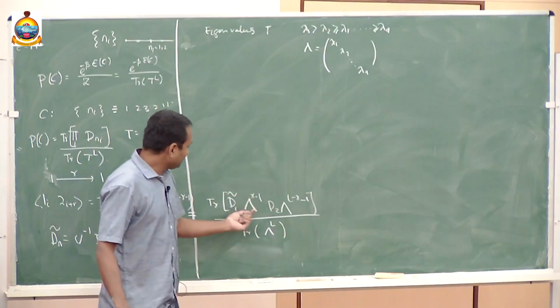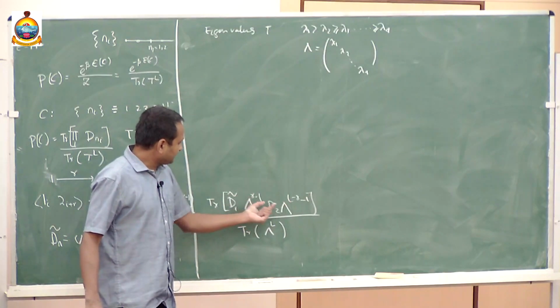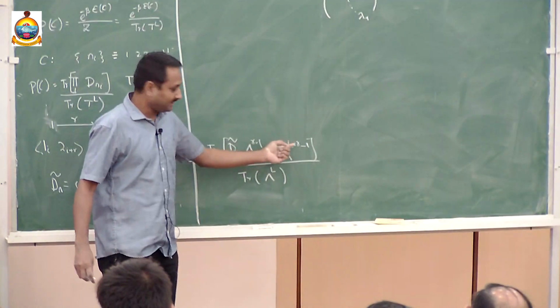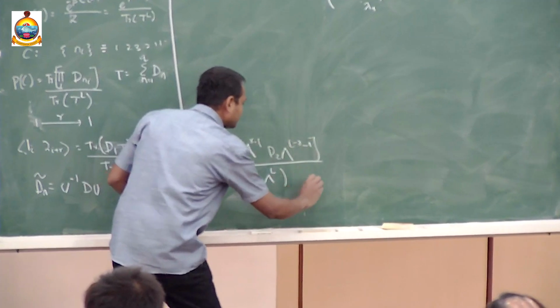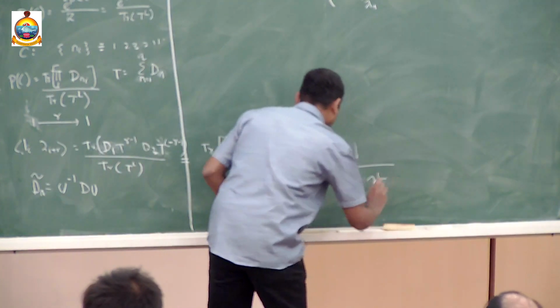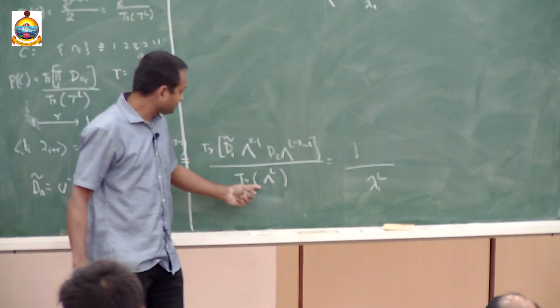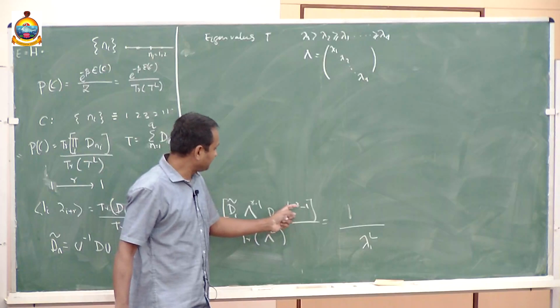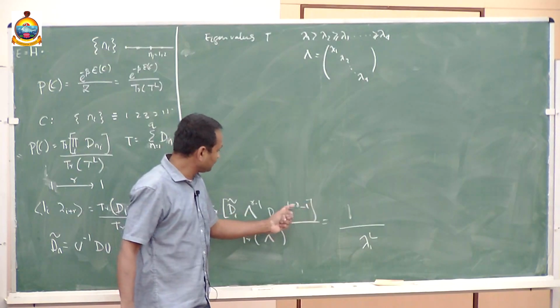Okay, so then what you can find is that all the matrix elements here are lambda to the power l. So for large l, the denominator is just lambda 1 to the power l when l goes to infinity, and then here also you have a term lambda to the power l minus r minus 1, lambda 1 to the power this.